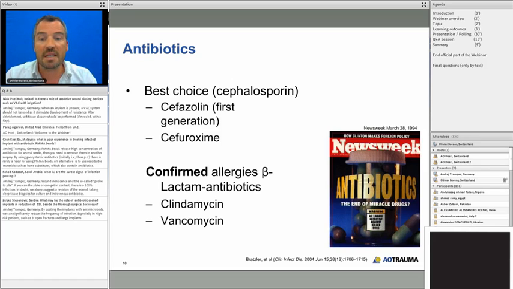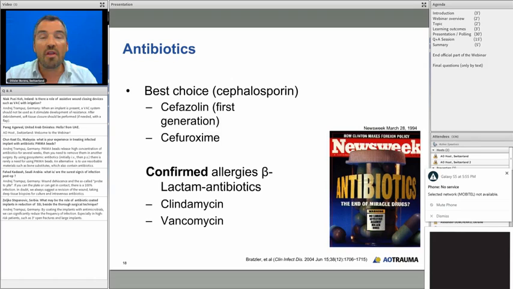Vancomycin should be thought about as well in patients who are operated on in hospitals where there is an endemic presence of MRSA. So once again, cephalosporins are probably the best antibiotics to use as a prophylaxis for standard surgery.